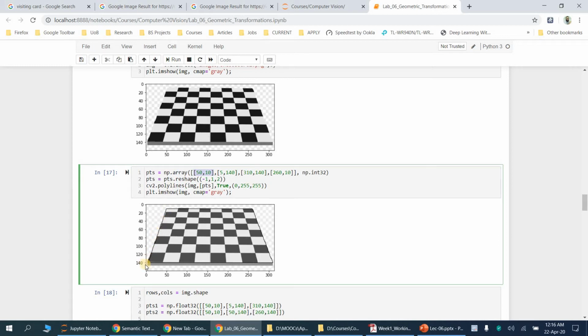So it moves like this. Starting from top, it will go in anti-clockwise direction. So the second point is 5, 140, and it is this point over here. Third point is 310 and 140, and finally it is 260 and 10. Clear?